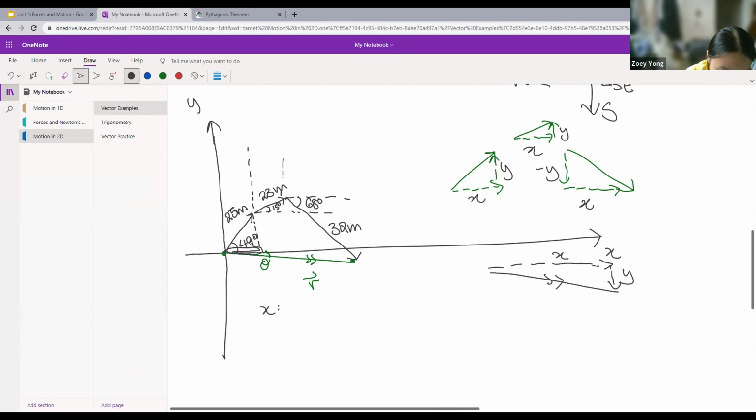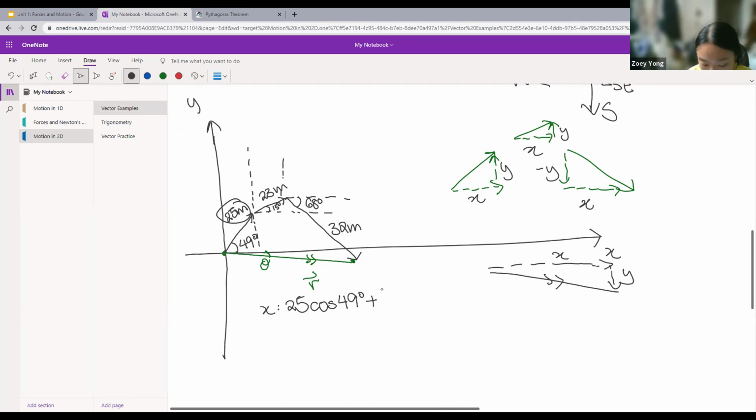That's the same thing as trying to find h cosine theta. So h in this case is 25 meters right here, and then cosine theta is cosine 49.